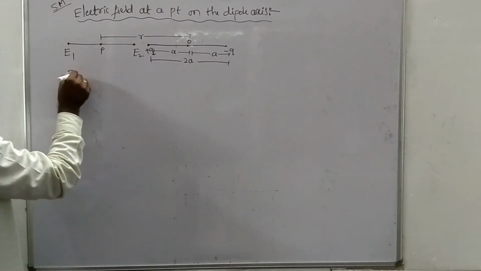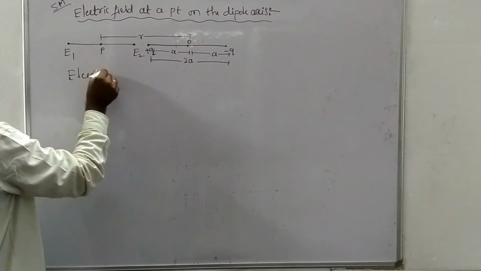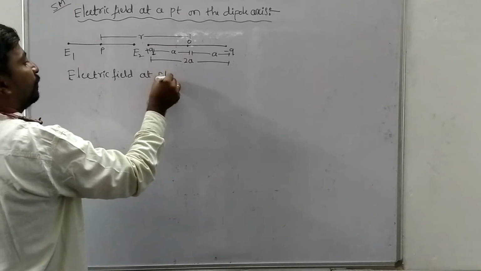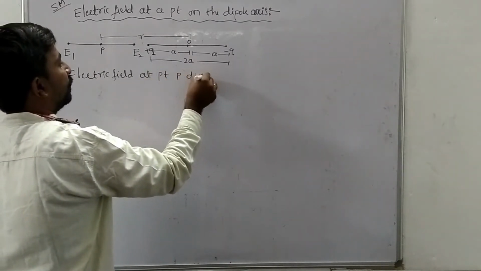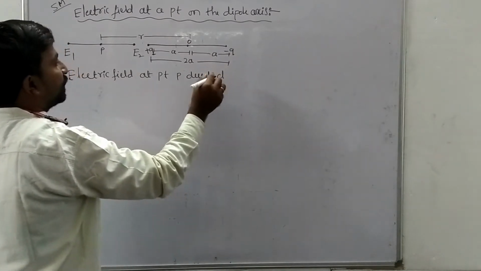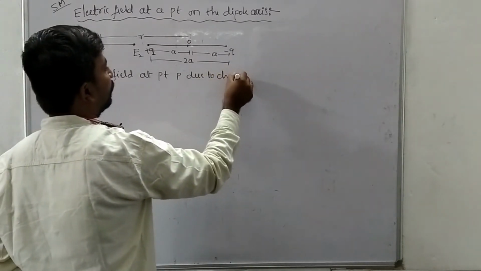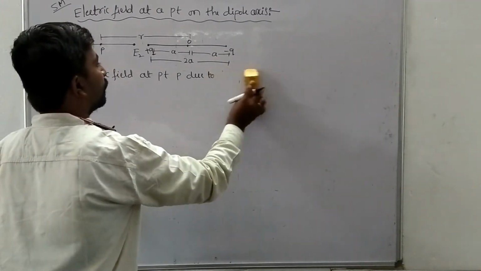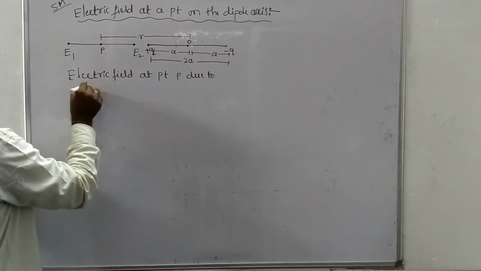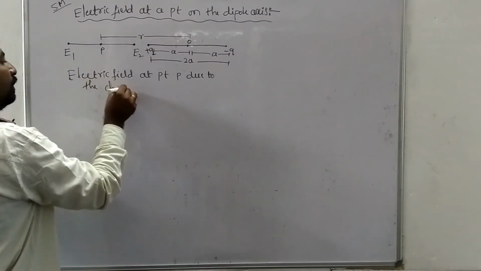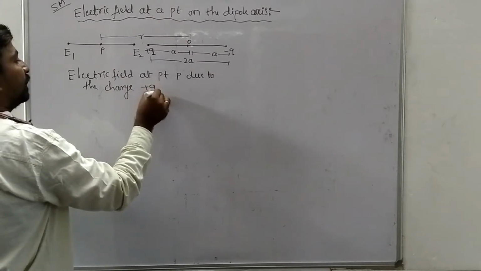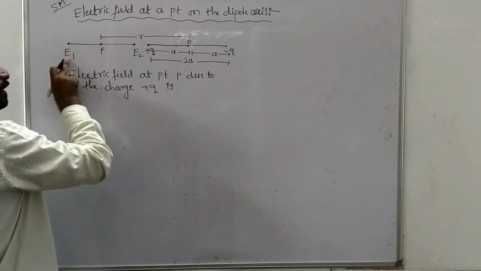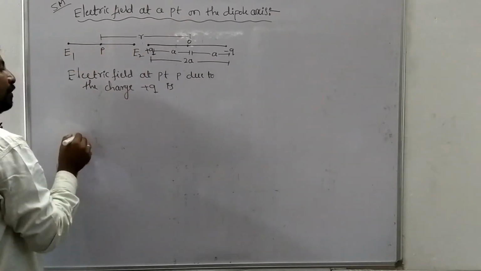So therefore electric field at point P due to the charge plus Q is given by.